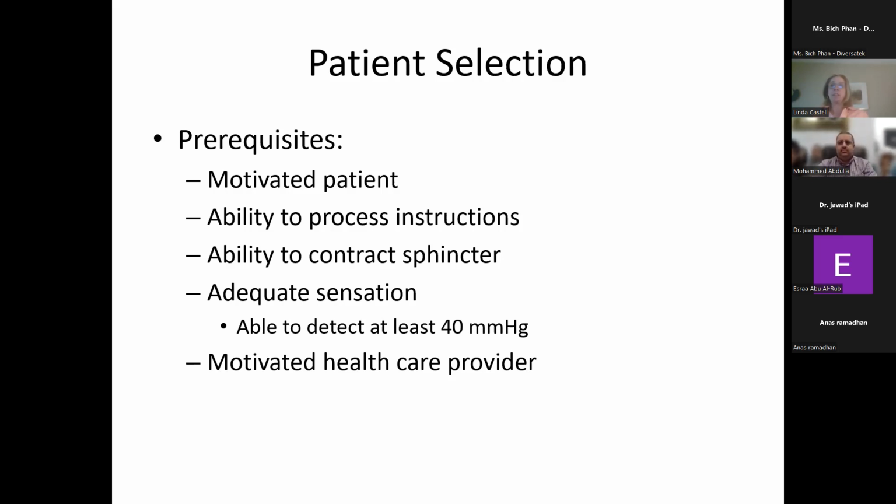So if we don't see any EMG activity with a squeeze, or pressure with manometry, then we can't get that muscle any better. There's nothing for them to work with. If we do sensory biofeedback, they have to be able to feel at least 40 millimeters of mercury, I'm sorry, they have to be able to detect at least 40 milliliters of balloon distension in their rectum.